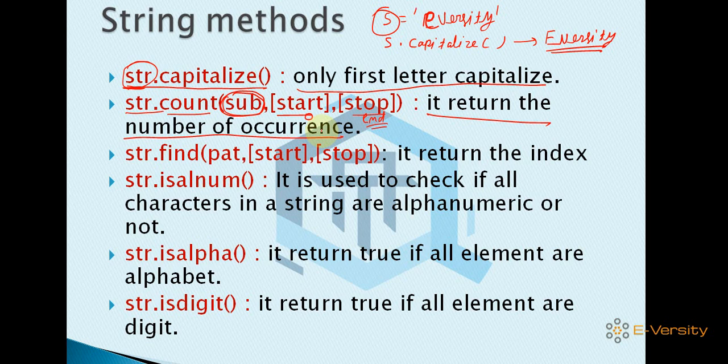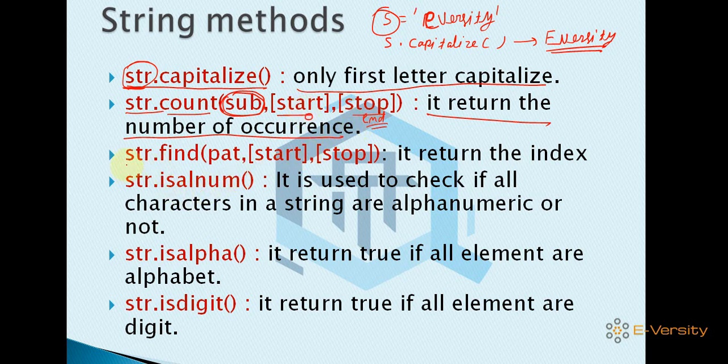So it searches the entire string by default, and if you want to count the occurrences in a particular part, you can give the start and end point, and it counts the number of occurrences only in the part you are giving here.